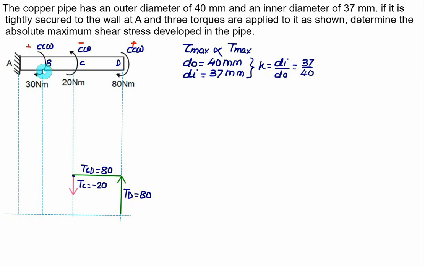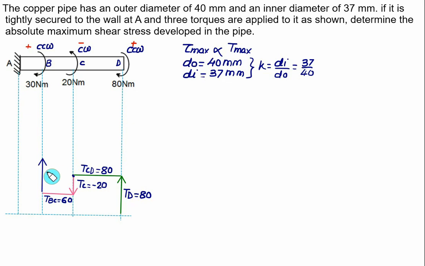From B to C there is no torque acting, so the torque remains constant over the section BC. This represents the torque over BC, equal to minus 20 plus 80, that is positive 60. Then we again have a counterclockwise torque of 30. Counterclockwise means positive, so you move up by 30 units.